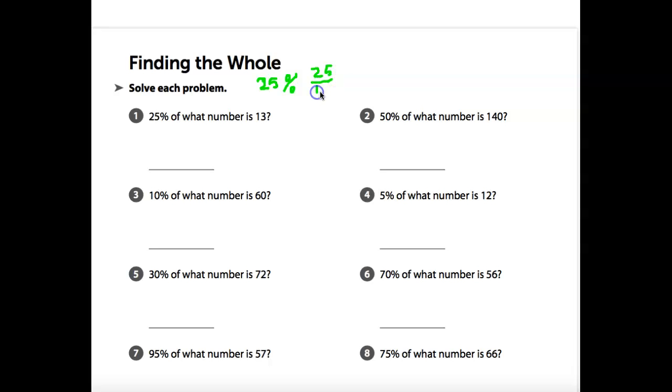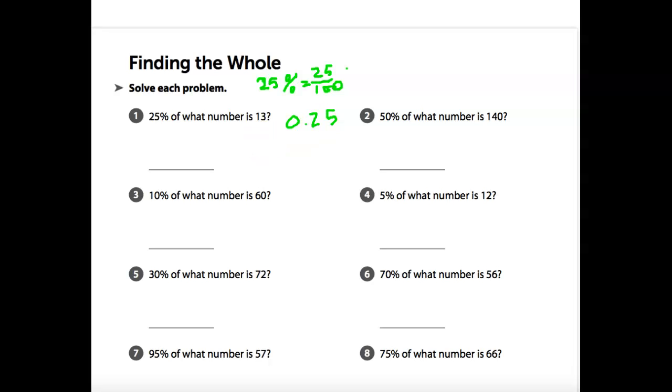And we know how to read that as 25 hundredths, and we know how to write that as a decimal, 0.25. That's 25 hundredths.